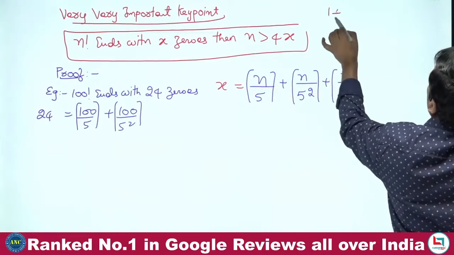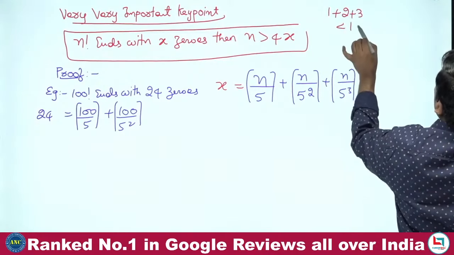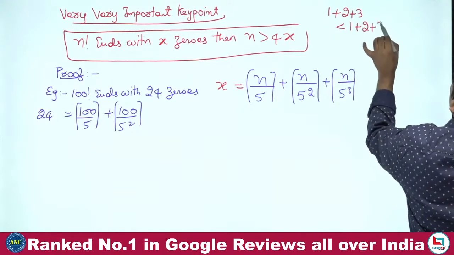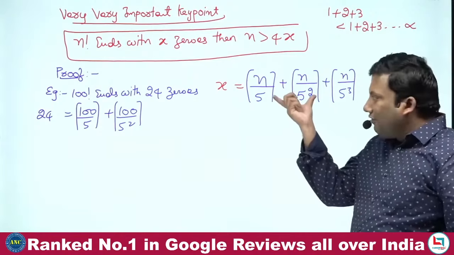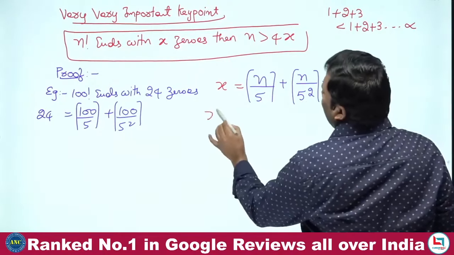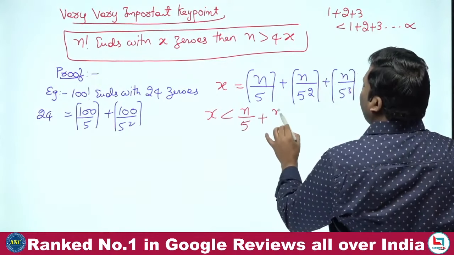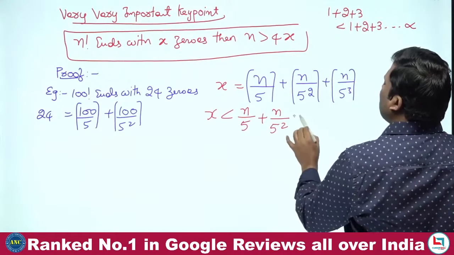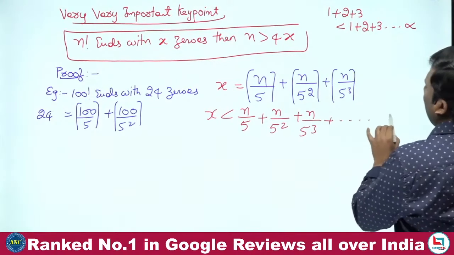So can I say, if it is a finite series, 1 plus 2 plus 3, that it is always less than 1 plus 2 plus 3 and so on up to infinite? A finite series is always less than the infinite series. x is less than n by 5, n by 5 square, n by 5 cube, and so on up to infinite.